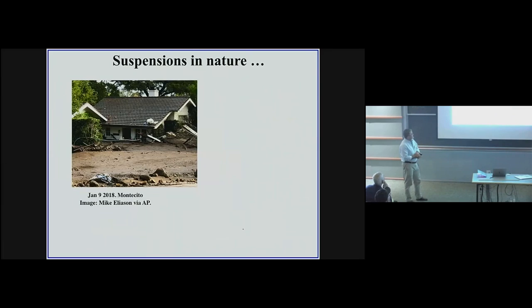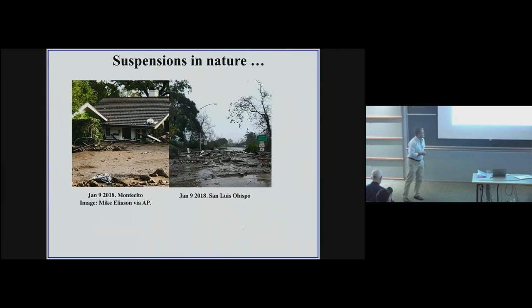But suspensions in nature had a strange intersection with this conference, with KITP in 2018, at a meeting that I was a co-organizer for, dense suspensions. There was also this period of mudslides right before the beginning of the meeting. And so this is a picture from just down the highway on 101 in Montecito, about 100 miles farther north in San Luis Obispo.